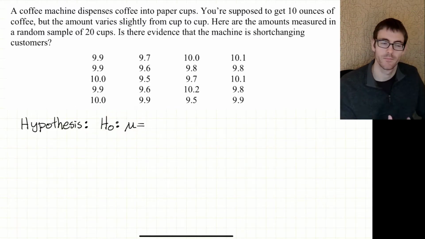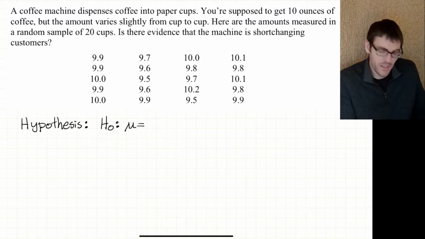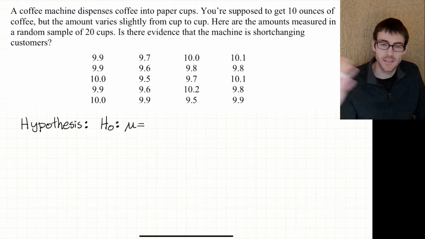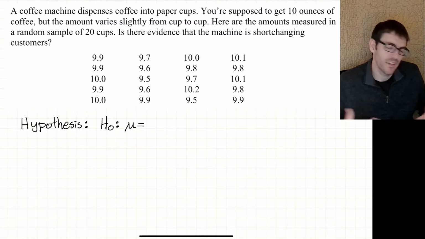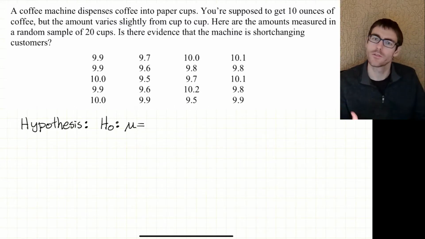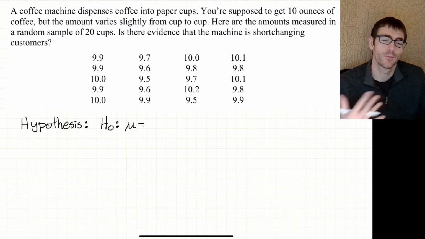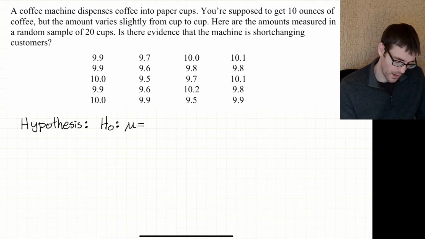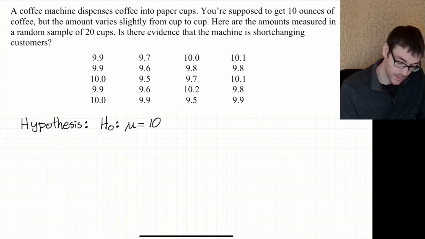but what we're really interested in, what our focus is on, is the population's mean. So the null hypothesis should be that nothing interesting is happening, that we're assuming it's the status quo, that if the coffee machine says that it dispenses 10 ounces, let's just start off by assuming that that's true. We have an innocent until proven guilty mentality about claims like this. So our H naught, our null hypothesis, is that the average coffee dispensed actually is 10 ounces.